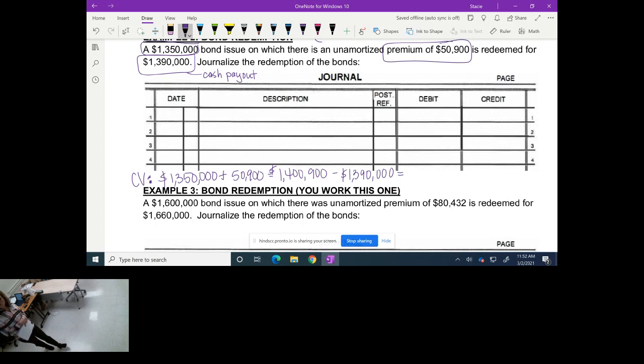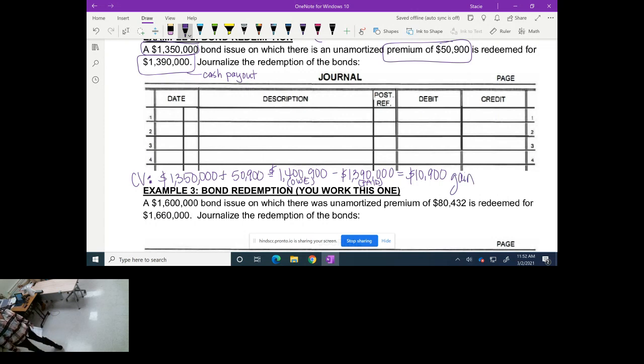Yeah, 10,900. I told you not to trust me. Okay, so this is what you owe, and this is what you're paying. Then you came out on the better end of that deal, right? You're paying less than you owe. It's a game.